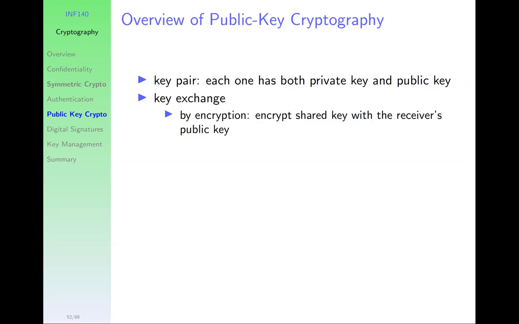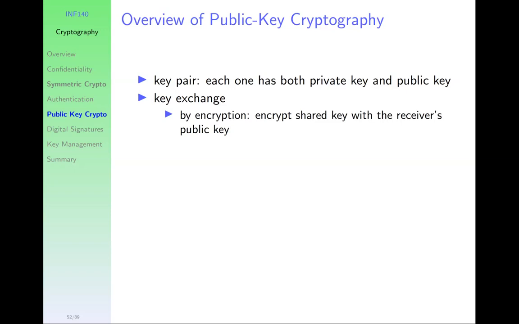Suppose Alice and Bob are communicating with each other and they want to share some secret information used as a secret key for block ciphers, for AES, for example. Alice has a pair of keys, Bob has a pair of keys.